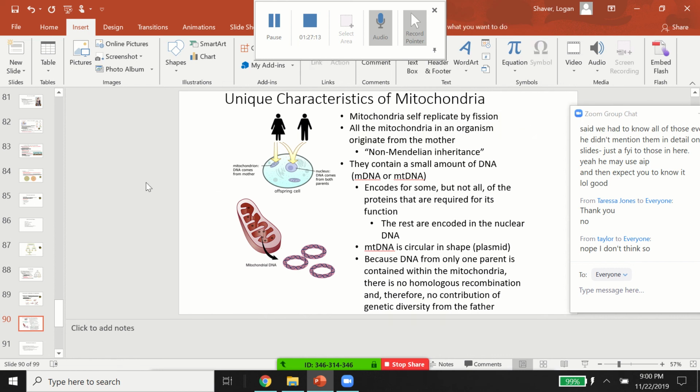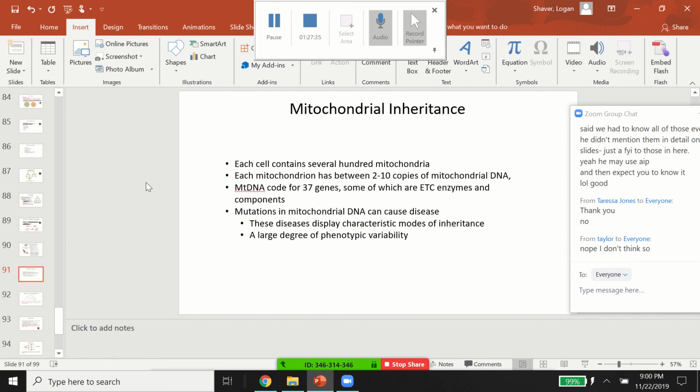So if the mother has that disease, it'll be passed down to the offspring automatically, right? Because that's the only mitochondrial DNA that gets passed on. So if the mother has this mitochondrial disease, if that DNA is affected, then the offspring, no matter what their sex, gets affected.